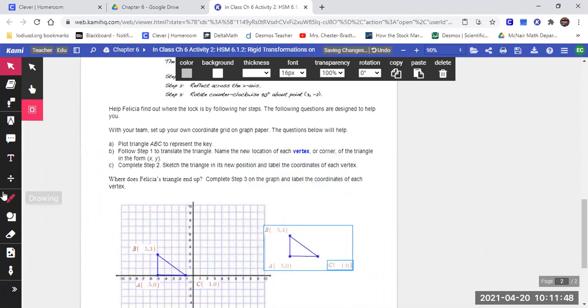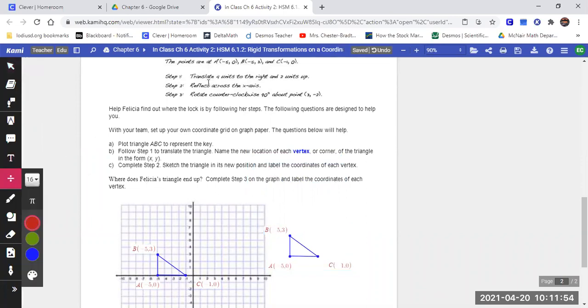The first move it says that happened was what? Translate. So is my triangle going to change any directions if it translates? Does translate change what direction the triangle is facing?